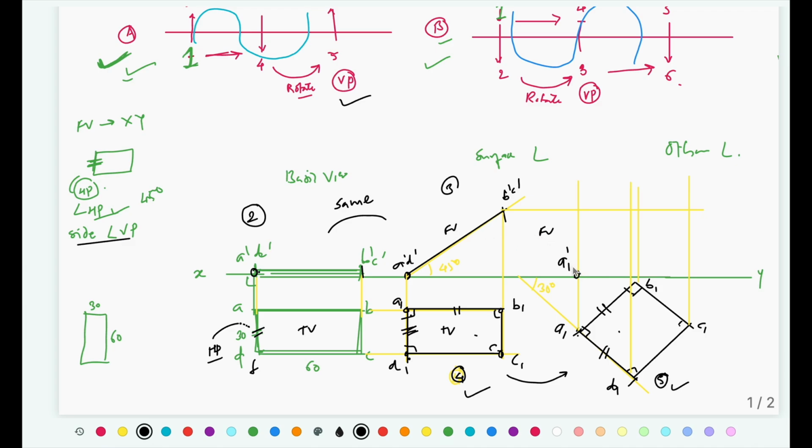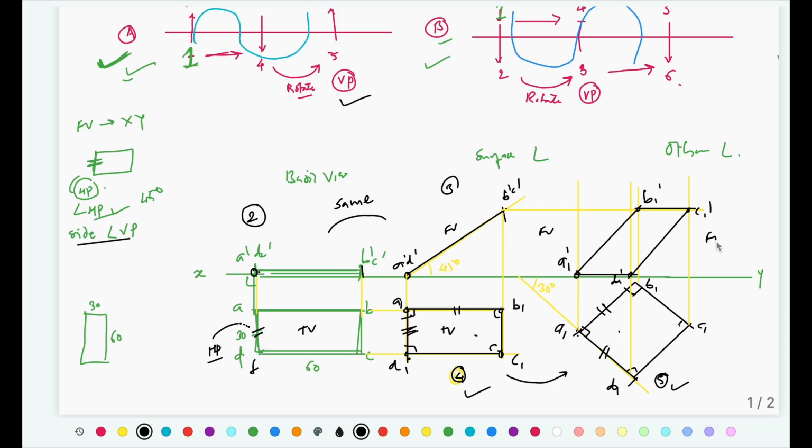So this time we need to change the nomenclature. So this will be A1 dash. Projector of B, projector of B. So this is B1 dash. Similarly, this is C1 dash, and this is going to be D1 dash. Now connect the points in a proper sequence and complete the view. So this is our final front view.